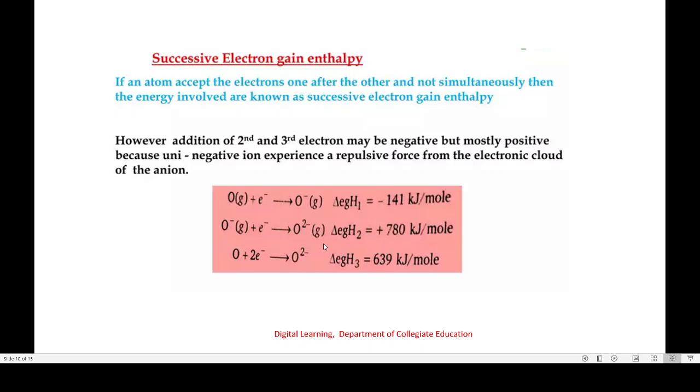So, in other words, the oxygen atom has a positive tendency to accept an electron. However, the second electron affinity is negative of 780 kilojoules because energy has to be supplied to convert 1 mole of anion to the divalent anion. And this is all about the successive electron gain enthalpy.